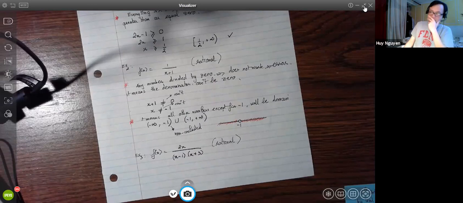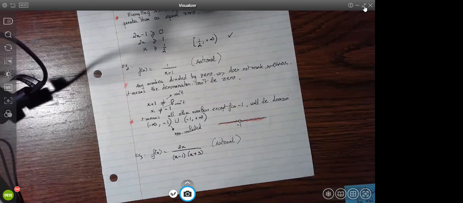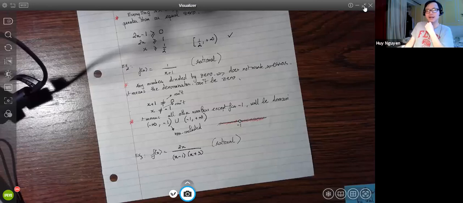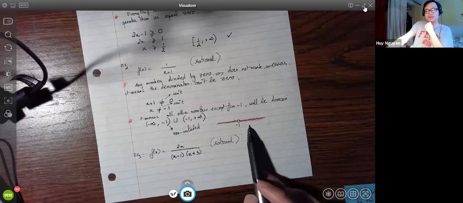Okay. I did have a question. When doing these before, we had to put them on a number line to graph them out. Will we have to do that on the assignment? I don't think so. I just want you to put it in interval notation.